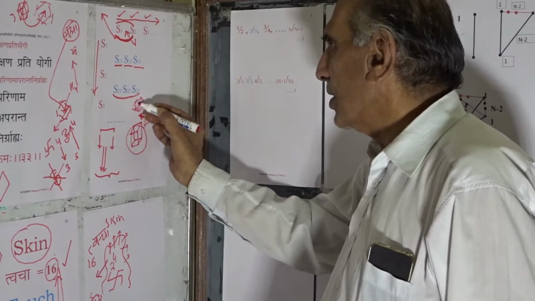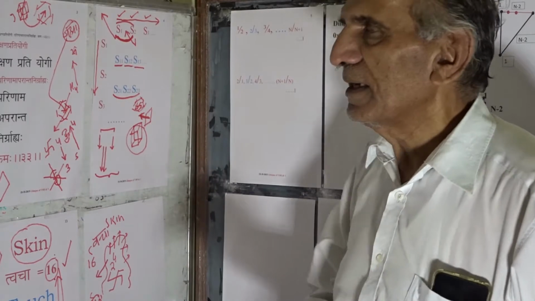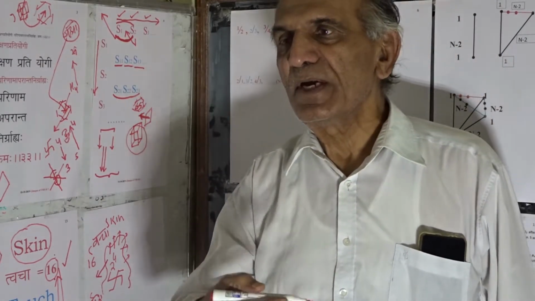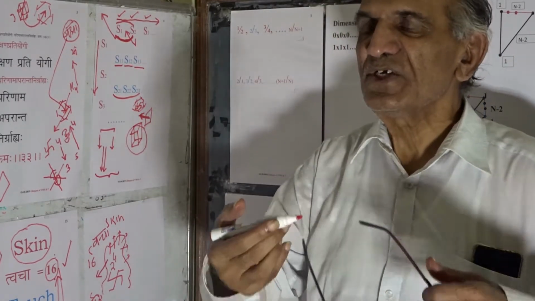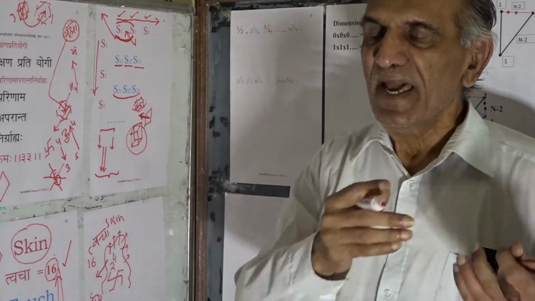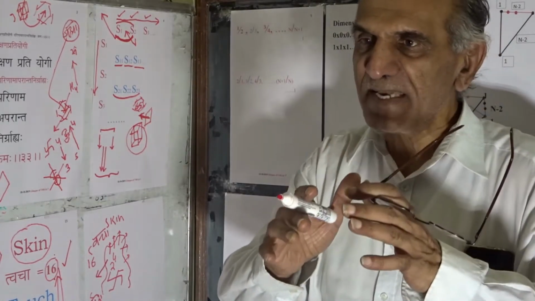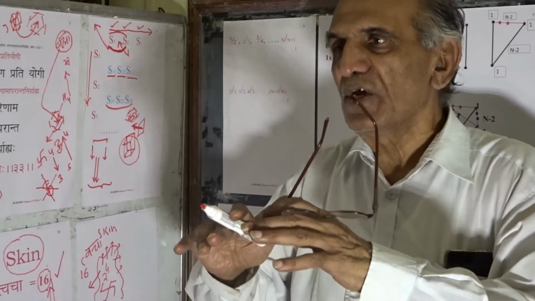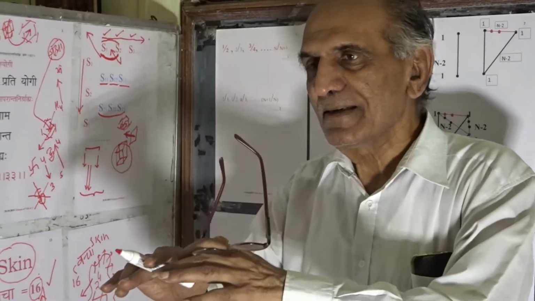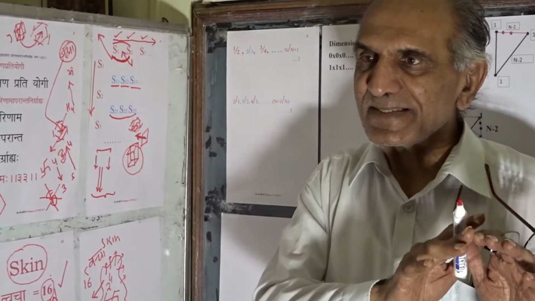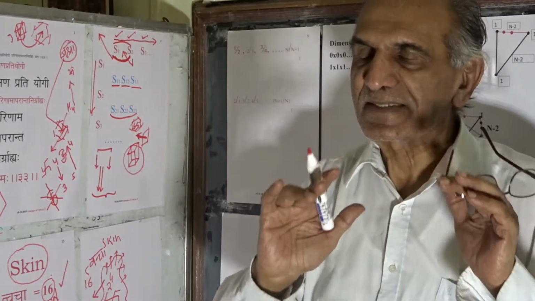Now, it is this phenomenon, it is this value, it is this feature which is to be imbibed: the space in which we are existing is not a three space, it is a four space.